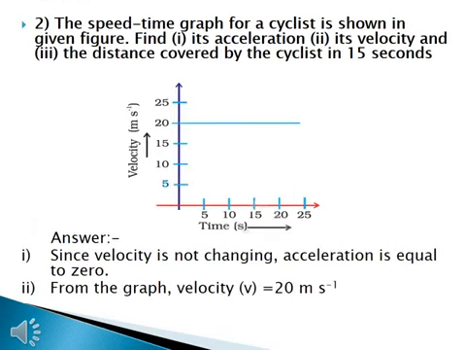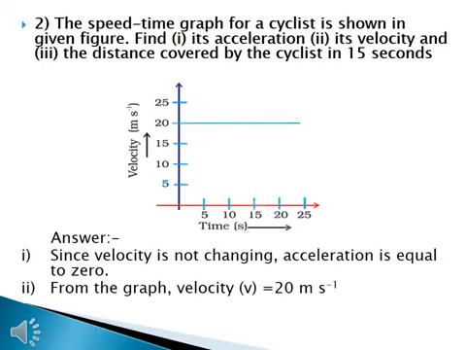The second question is, the speed time graph for a cyclist is shown in the given figure. Find first one its acceleration, second one its velocity, and third one the distance covered by the cyclist in 15 seconds. How can it be solved? Let me see the solution.